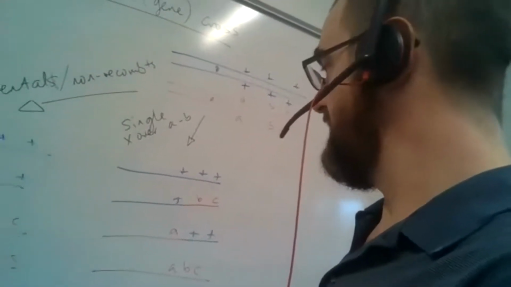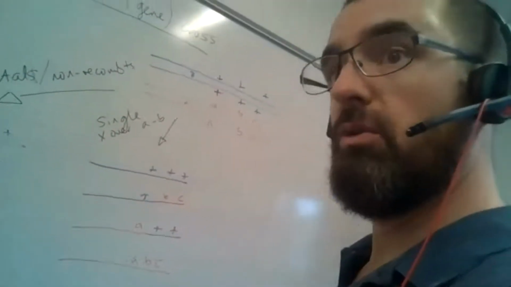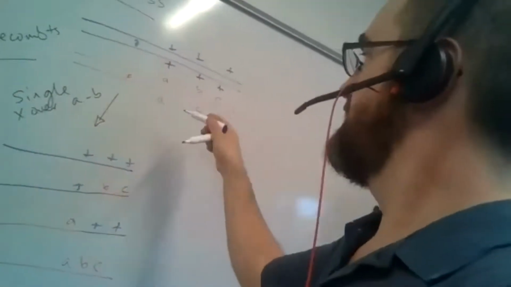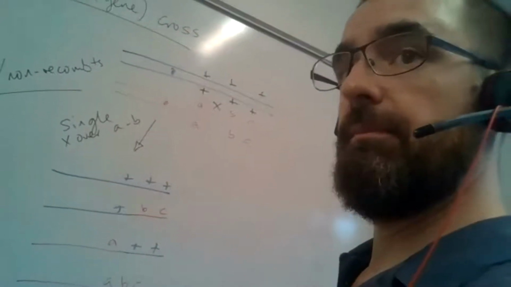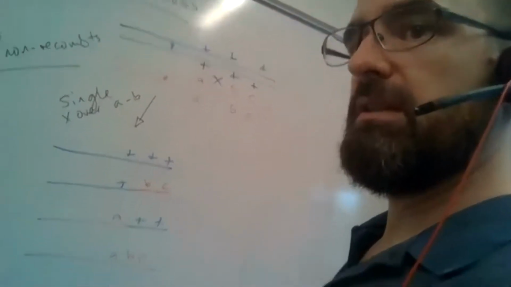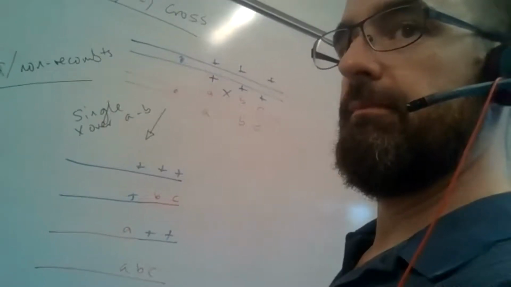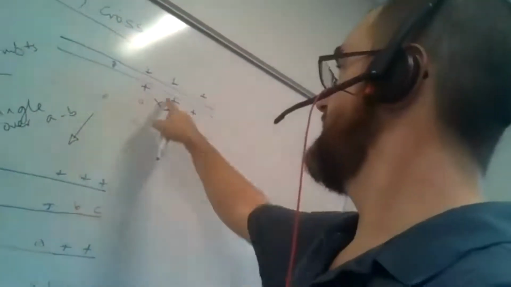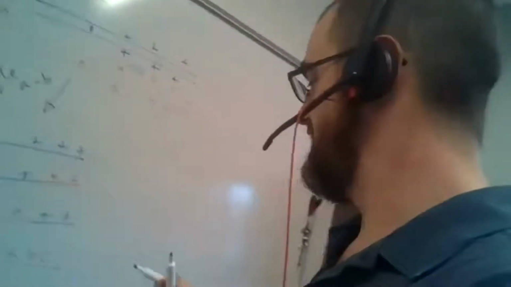And so essentially, that's what you get for one crossover between A and B, as if the crossover was here. Does that make sense, everybody? Cool. This is why I like doing it on the board, because I can take my time a little better. Yeah, that's kind of messy.